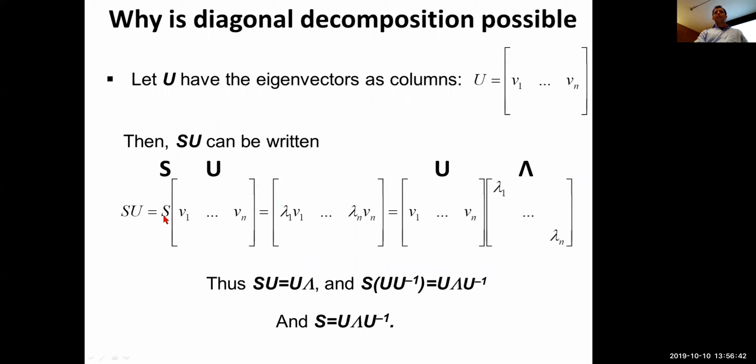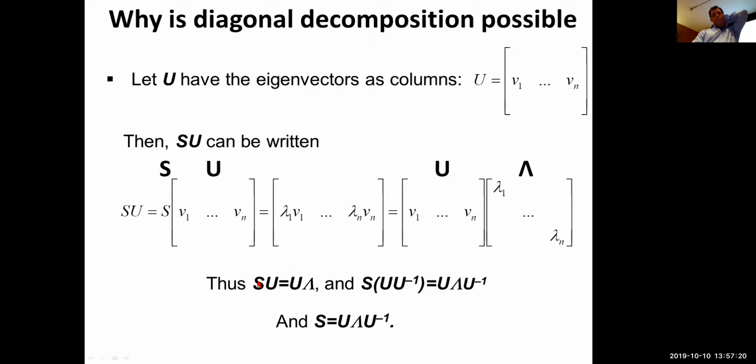Because each of them is an eigenvector, S multiplied by the eigenvector is nothing more than a scalar multiplied by that same vector, and these are just lambda 1 through lambda n, the eigenvalues. That gives the same exact thing, where I take every eigenvector and multiply by the diagonal eigenvalues, and every column is an eigenvector. Everybody with me so far?